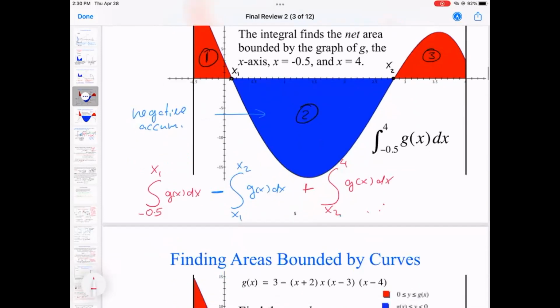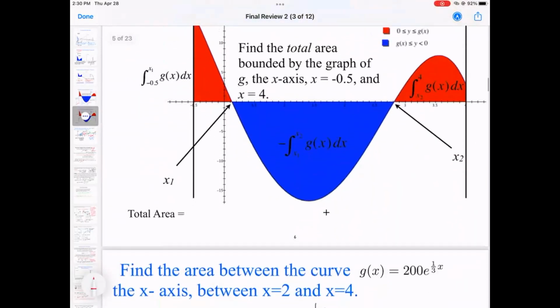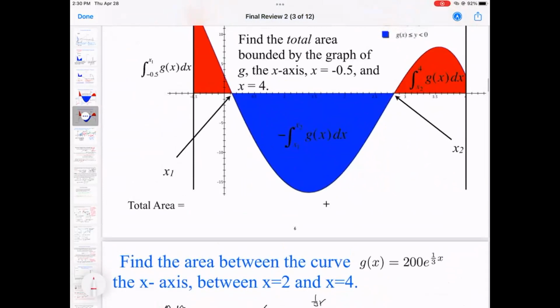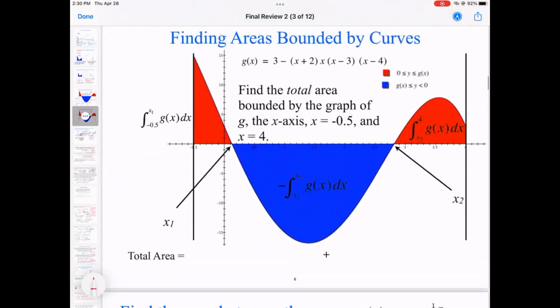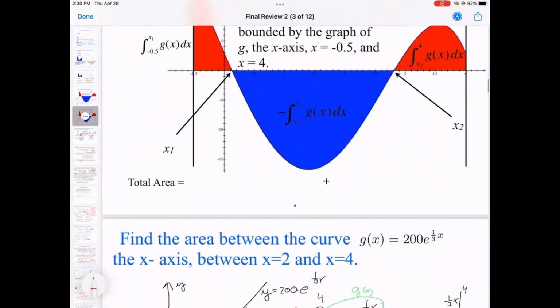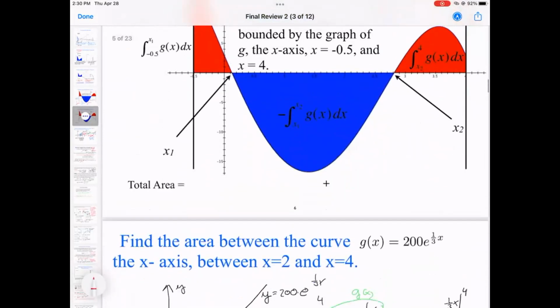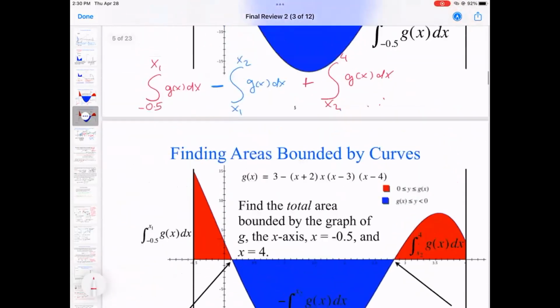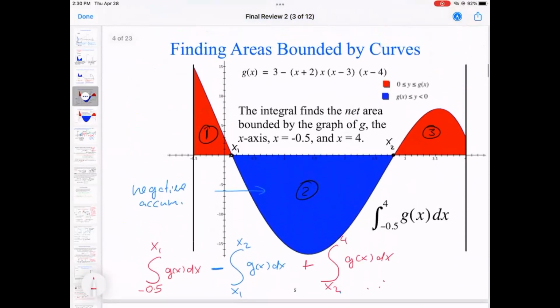So let's do one problem like that. We already solved this problem here. Oh no, this is actually here. Let me get it.